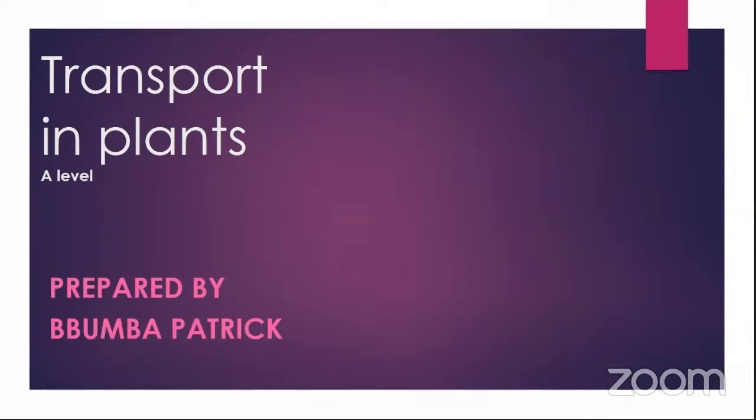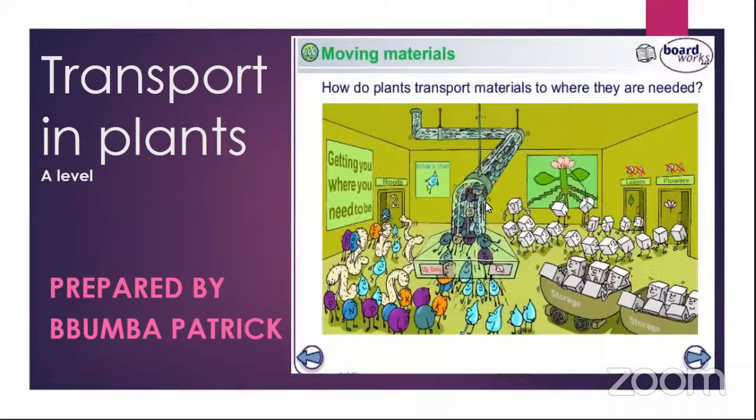plants. And as you can see on this side, this is a small animation that just introduces us to this topic. How do plants actually transport materials where they're supposed to be? You can see that this is like a room, and you can see these are minerals, and they are being ferried by something which I will have to tell you a little bit later.